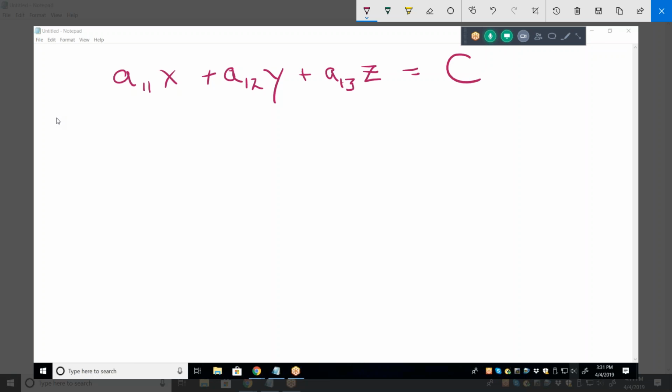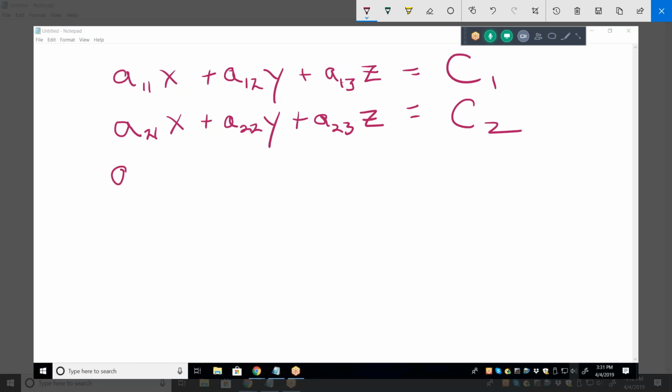There's the first equation. We're going to have 3 equations, and we're going to have an x, y, and a z. Second equation: row 2, column 1, row 2, column 2, row 2, column 3. We'll put a c sub 1 and a c sub 2. And the third equation. Always do row first, column second on these subscripts.